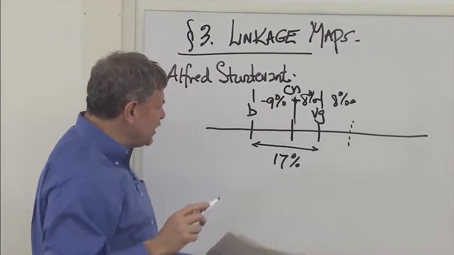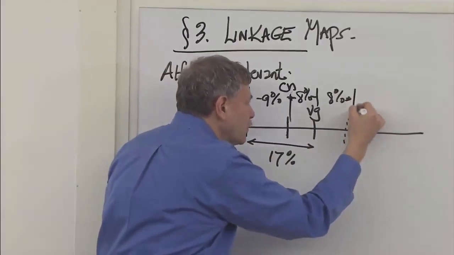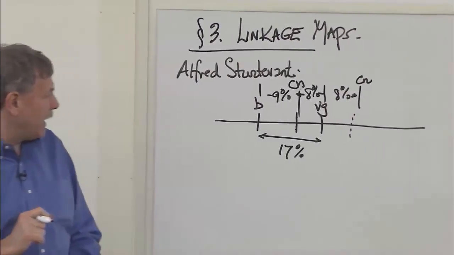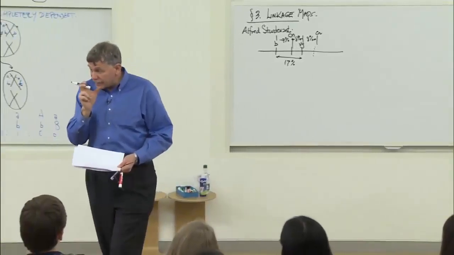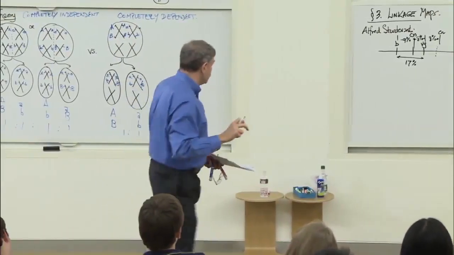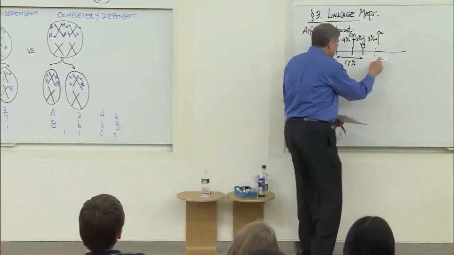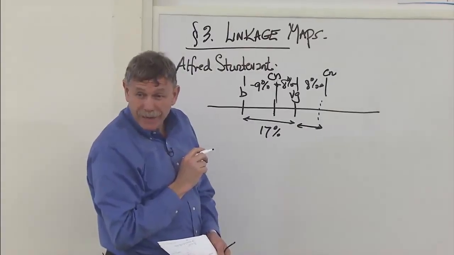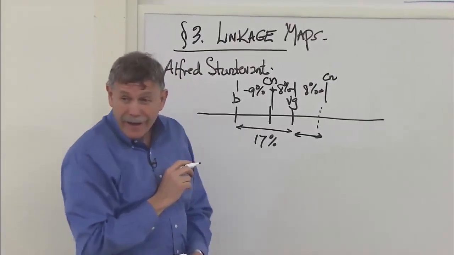But what if instead cinnabar is over here? How far will black be away? It'll be 17 plus 8. He checks the data.